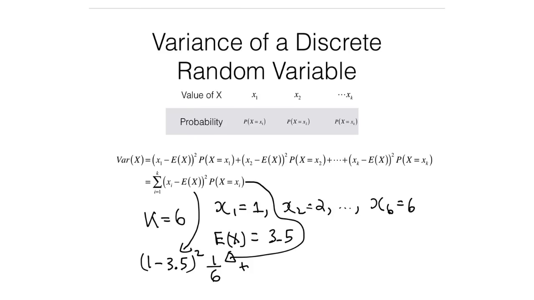And then we do that for all the possible values. So the next one is 2 minus 3.5 squared times 1 out of 6, all the way down to 6 minus 3.5 squared times 1 out of 6.